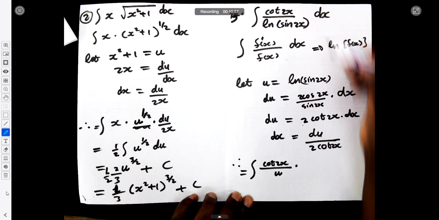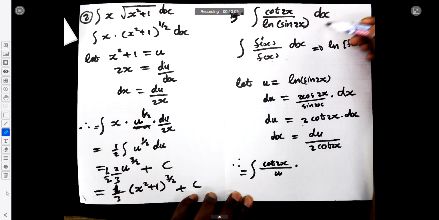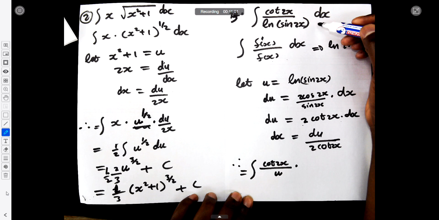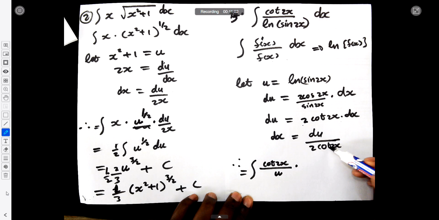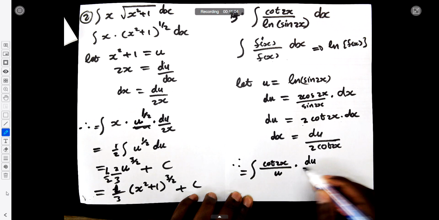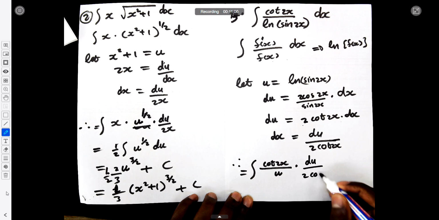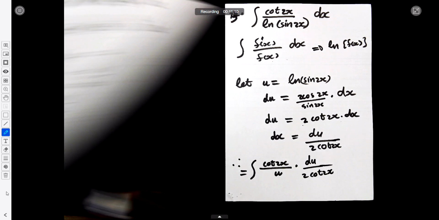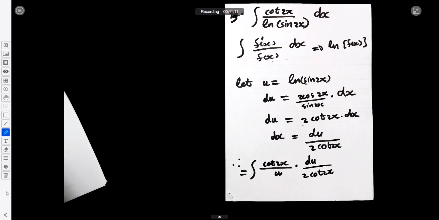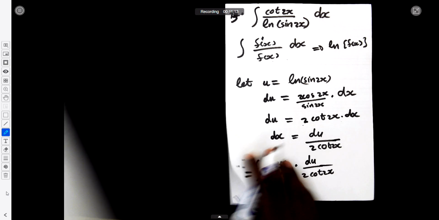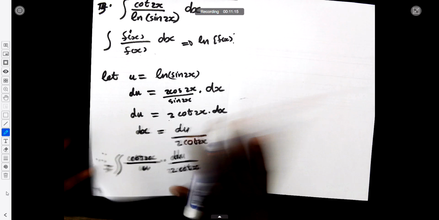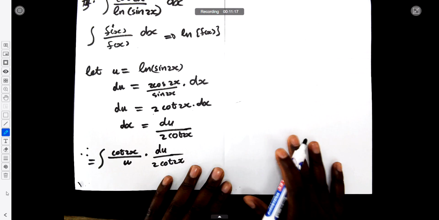Therefore, we said dx, please don't forget about dx. dx is equal to du over 2 cot 2x. That is u. That is dx. So simplifying further.